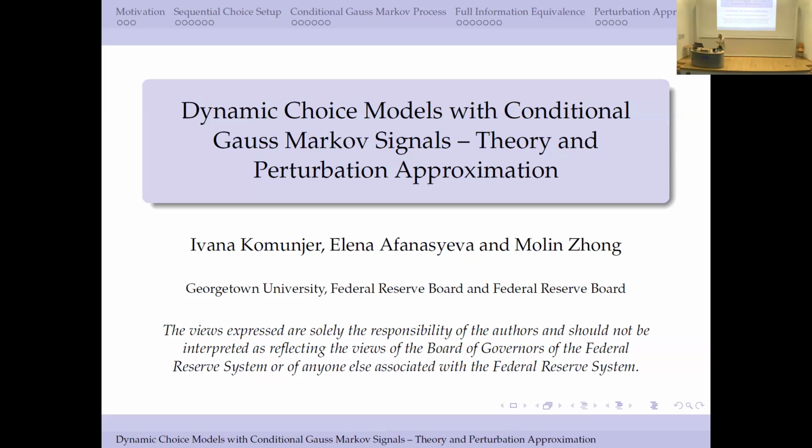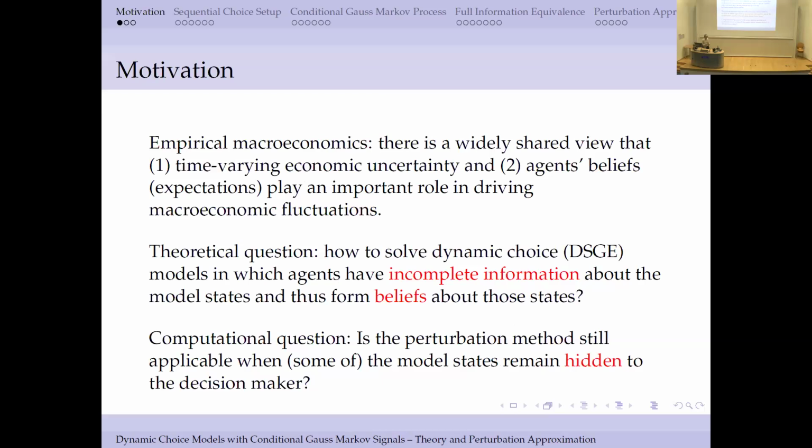And Dynare, if you have worked with it, essentially tries to implement the perturbation approximation to the model solution. So we want to provide some theoretical justification for applying the perturbation method to this class of models. All right, a very long explanation of the long title.